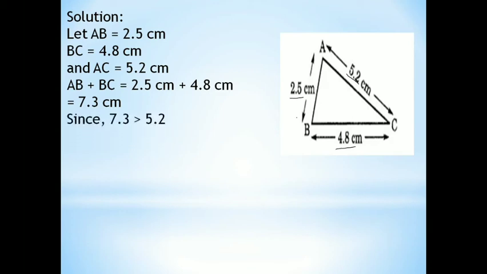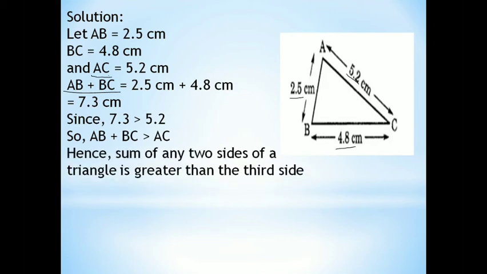Since 7.3 centimeter is greater than the third side, that is 5.2, AB plus BC is greater than AC. So we can say that yes, the sum of any two sides of a triangle is greater than the third side.